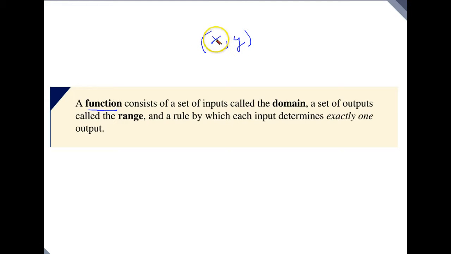If the x value is used more than once in a series of ordered pairs, it's not a function. And that's what they're saying right here. Okay, now let's go on.